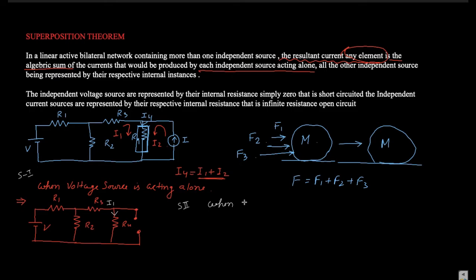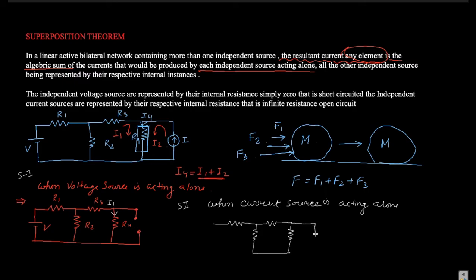Step 2 is when the current source is acting alone. Then what is the diagram? Keep the resistances intact, don't change the resistances and their values.